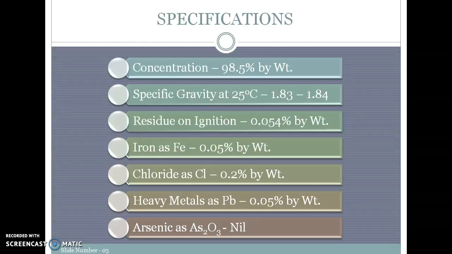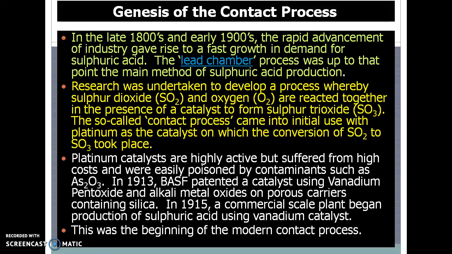As we discussed before, these are the specifications required of the acid. Now in the early 19th century, there was a need, and the first process came out, which was the lead chamber process. The problem with this process is that it has very low conversion, maybe around 11 to 12% maximum.